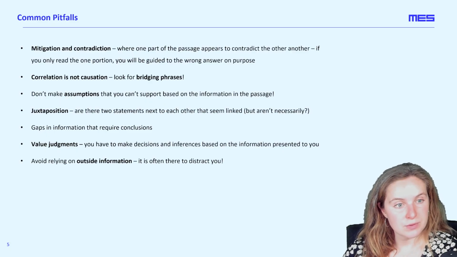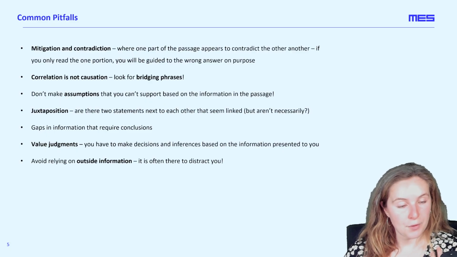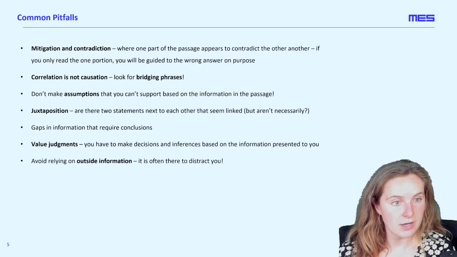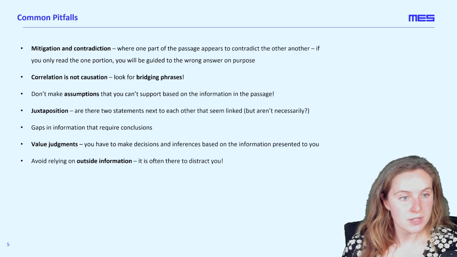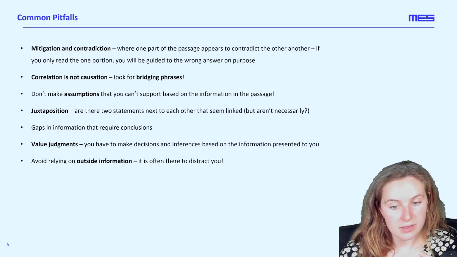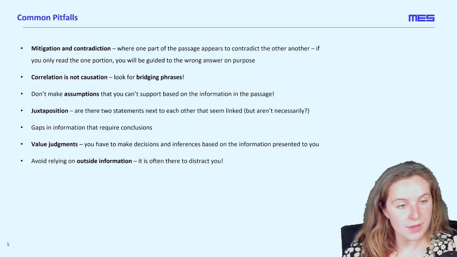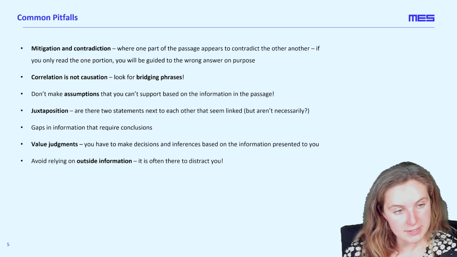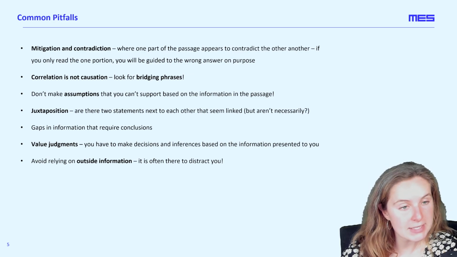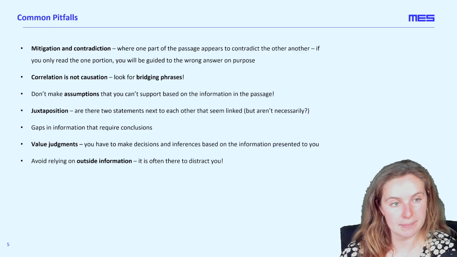But with keywords, you need to be mindful that you are not just seeing the word for the first time and thinking, okay, here's my answer, because it is very common that keywords are spread out across the passage so that you are forced to skim the whole passage, because later in the passage it may mitigate or contradict the presentation that appears earlier.